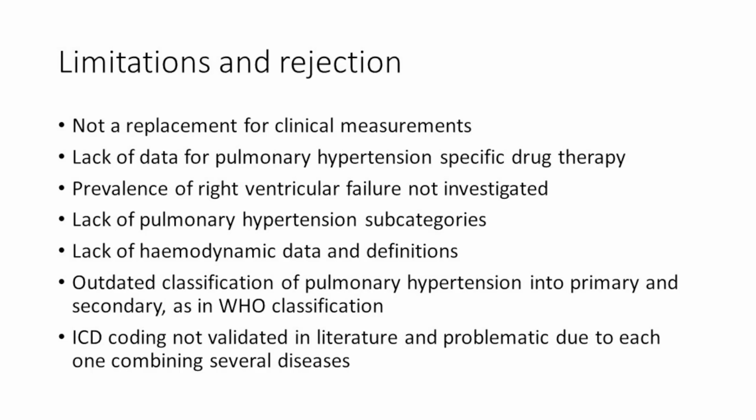We also lacked data on the pulmonary hemodynamics, and factors like the prevalence of right ventricular failure were not investigated. And finally, we didn't have data on drug therapies which are specific for pulmonary hypertension. We only had the most common drugs given.